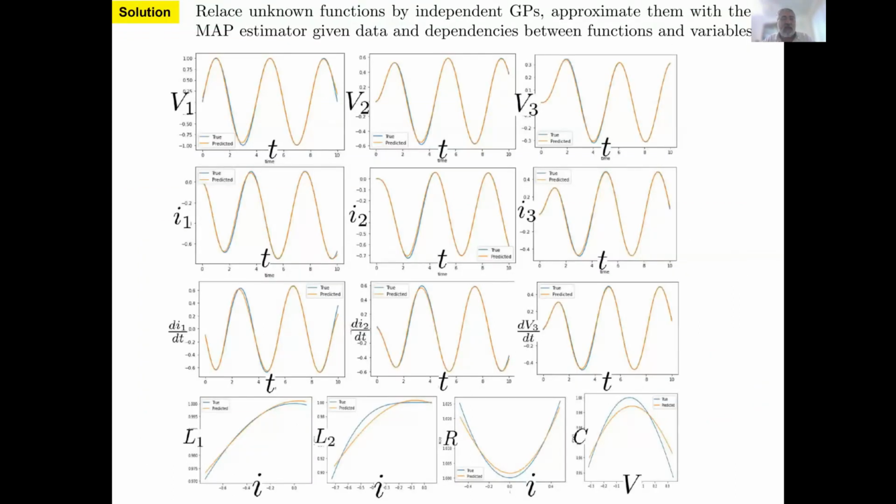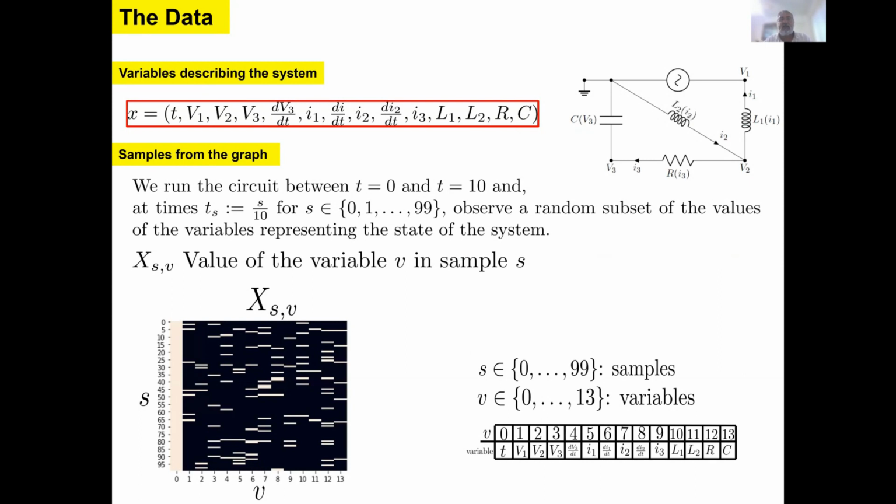Now, I will unpack the completion method, which again is the technical part that can be abstracted away and fully automated. To do so, I will formalize the representation of the data. So remember that we run the circuit between time 0 and time 10, and at times t_s equals s over 10 for s going from 0 to 99, we observe a measure or subset of the variables of the graph.